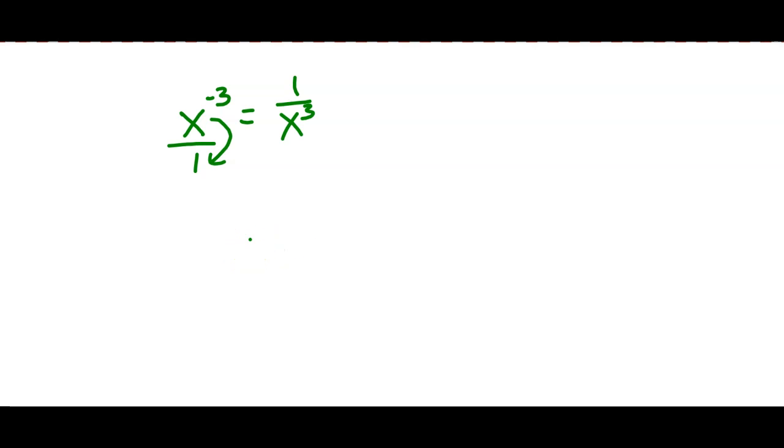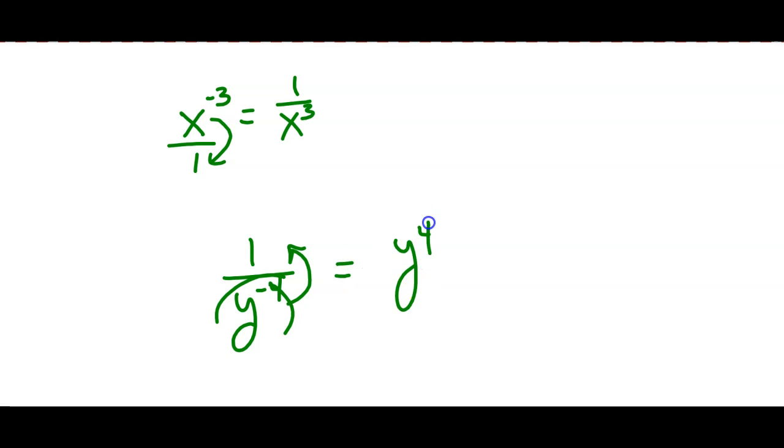If it's already in the denominator, like if I had 1 over y to the negative 4, then this whole thing moves to the numerator. So you get y to the 4th right there. So that's your rule with negative exponents. If it's in the numerator, just drop it down below to the denominator. And if it's in the denominator, it moves up to the numerator.